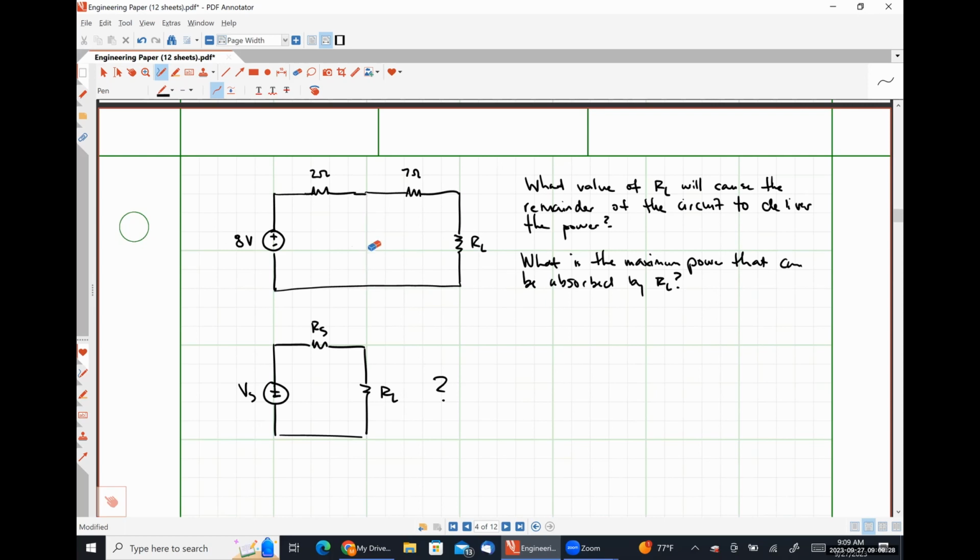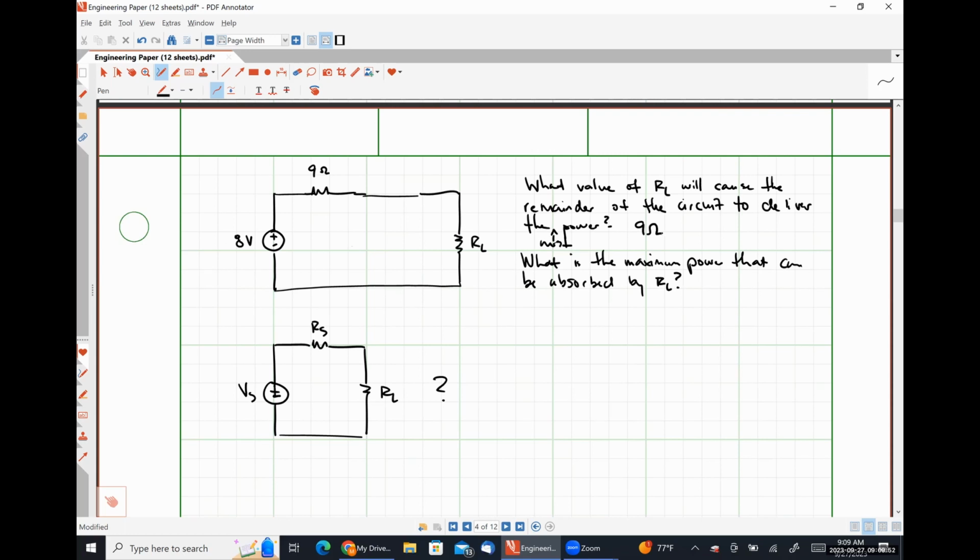What do I do now? Combine those 2 resistors. So 2 in series with 7 looks like 9 ohms. So what value of RL will cause the remainder of the circuit to deliver the most power? Nine ohms.